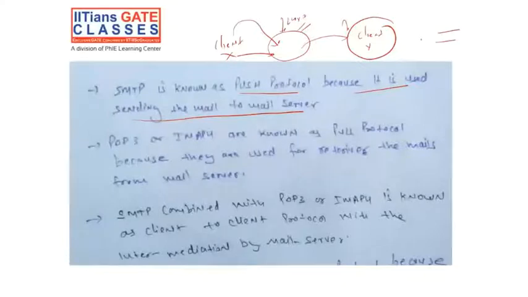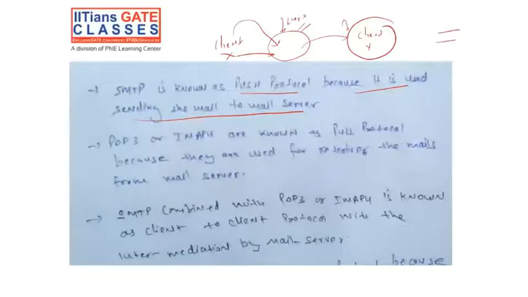If you refresh, all the mail will come. If it is very fast, maybe you will see it right after opening. Otherwise, if you refresh, all the mail from the server will come to your system. It means you are setting up the connection from client to server. In this way you can think.